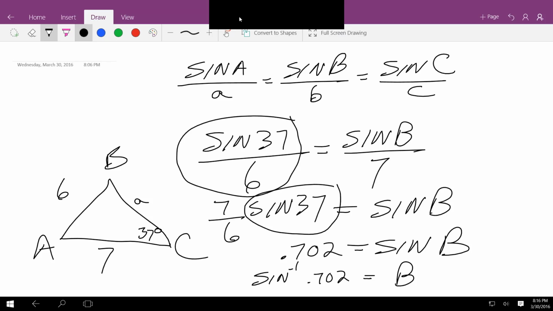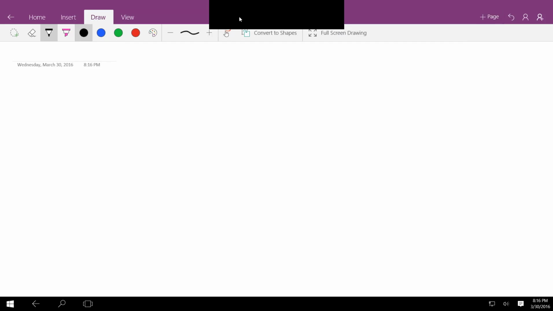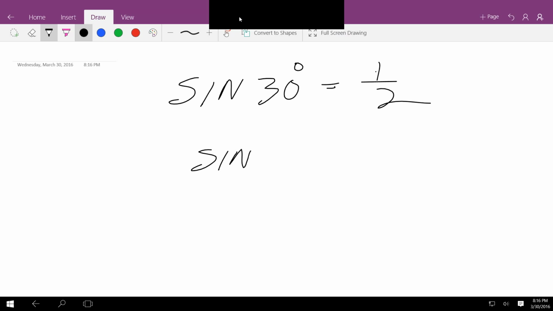And here's the thing. When you solve for angles, you're always going to be using the inverse trig function. When you solve for sides, you're always going to be using the trig function. Now, let's talk about that a second, because it's not always that obvious. If I take the sine of 30 degrees, that's the most common one, that's 1/2. That means, if and only if, the inverse sine of 1/2 equals 30 degrees.